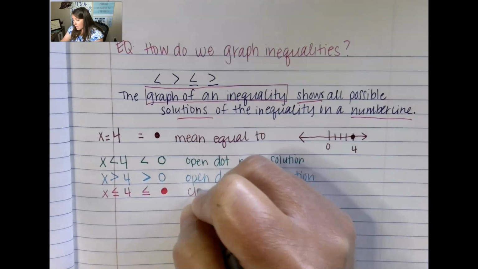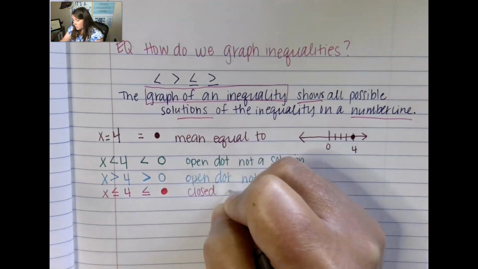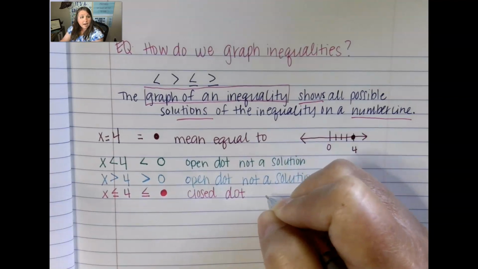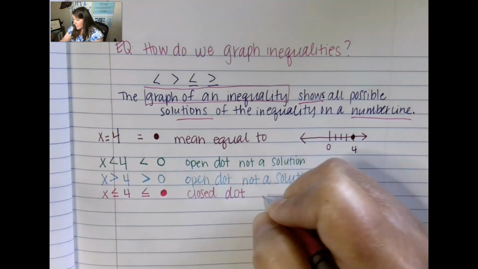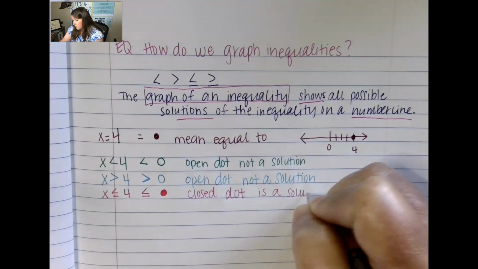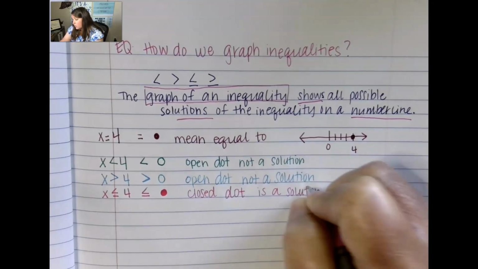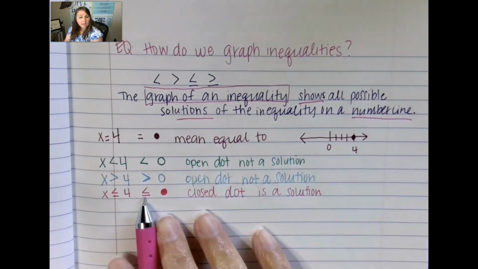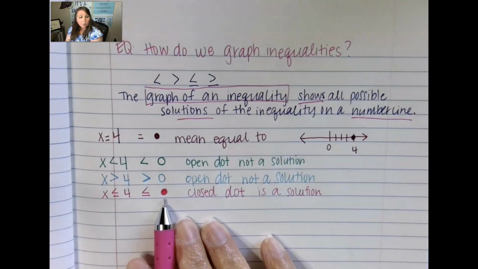So we're going to use a closed dot. And that means that it is a solution. So thinking about yesterday's lesson when we looked at how to check solutions, we would now start to assign, is it going to be a closed dot or an open dot?